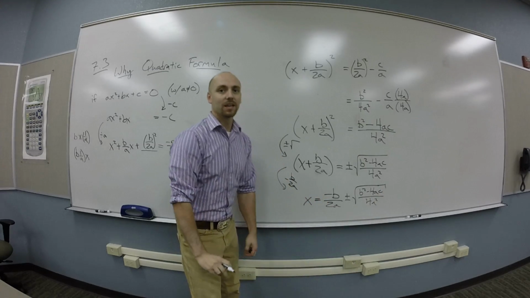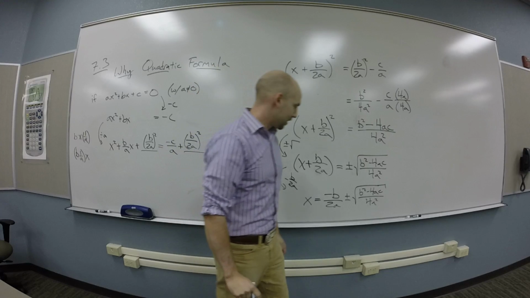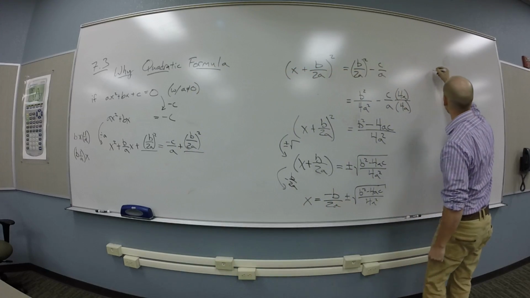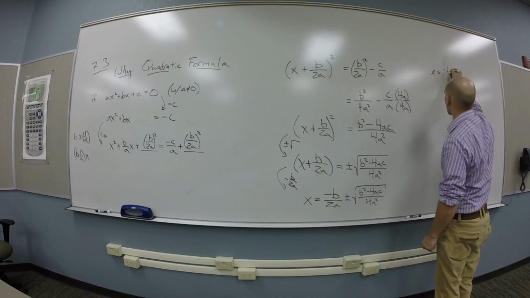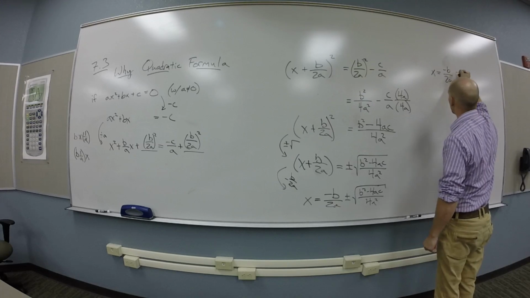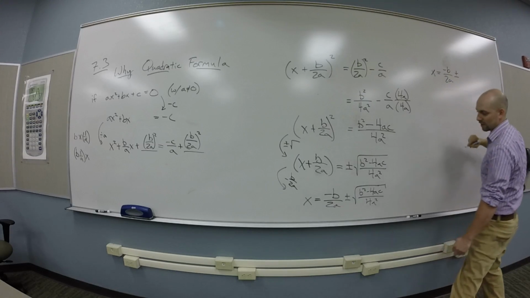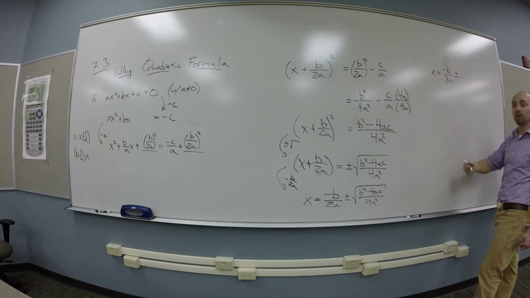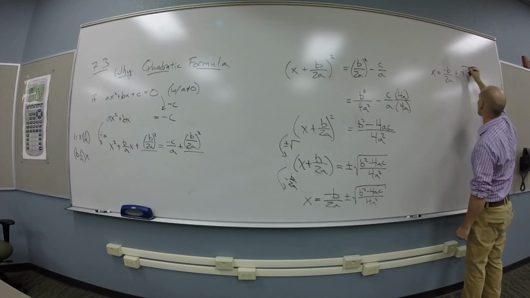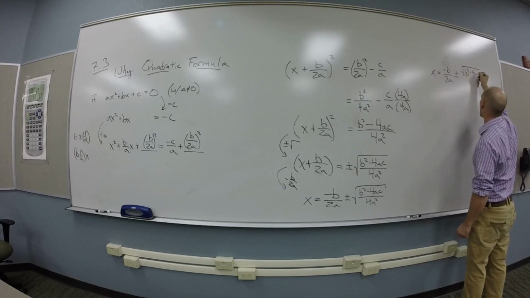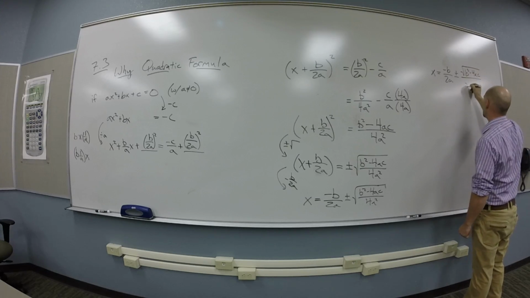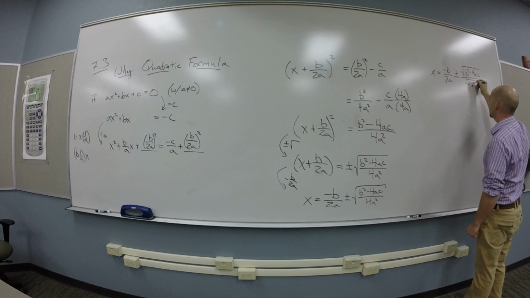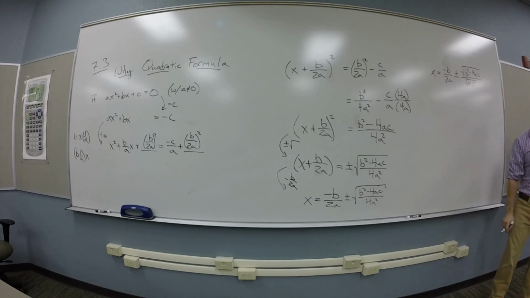Cool. You guys see that? We're almost there. Then you rewrite this as x is negative b over 2a plus or minus, and if I'm square rooting a fraction, I can take the root at the top and at the bottom. So I get the square root of b squared minus 4ac over the square root of 4a squared, which is 2a.